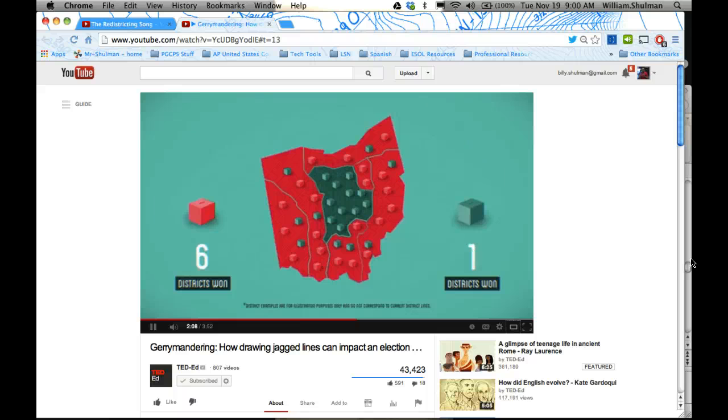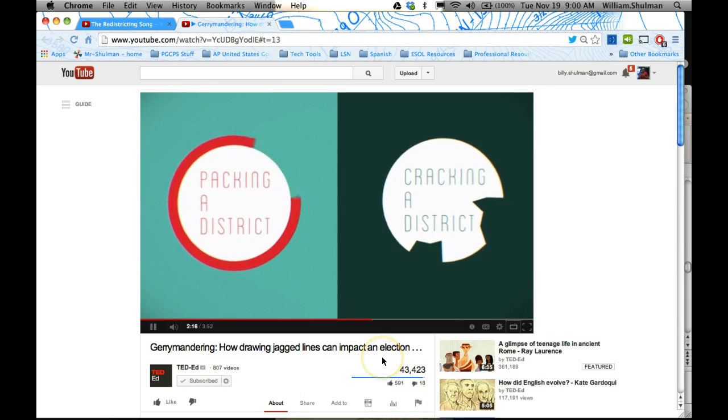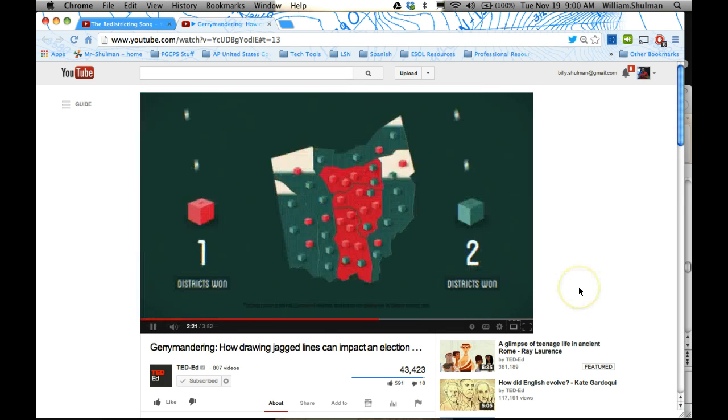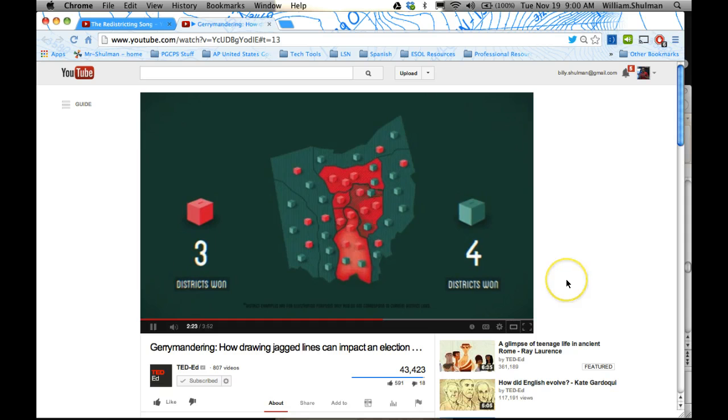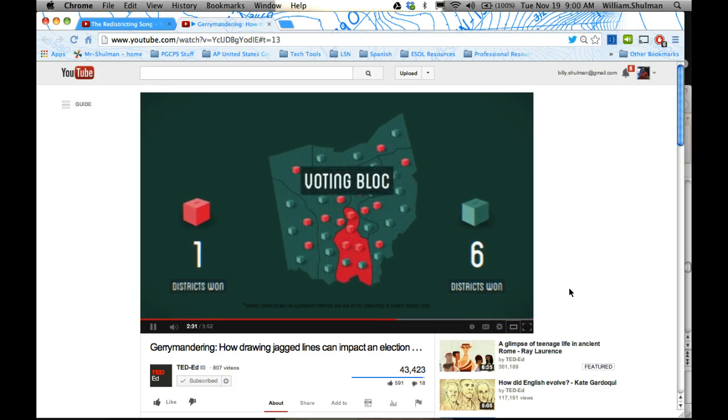Packing, then, decreases the opponent's voter strength and influence. Cracking is the opposite, taking one district and cracking it into several pieces. This is usually done in districts where your opponent has many supporters. Cracking spreads these supporters out among many districts, denying your opponent a lot of votes. When you have a large number of people who would generally vote for one type of party, those folks are known as a voting bloc. Cracking is a way to break that all up.